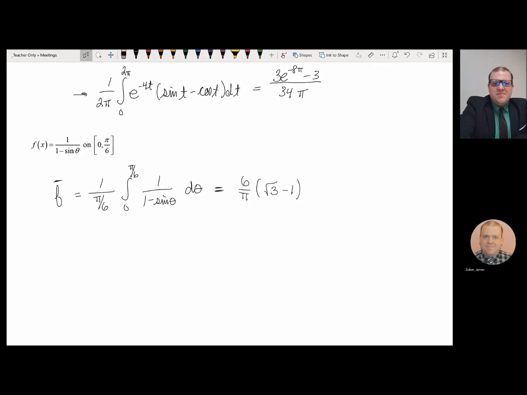If you plug it in a calculator with the limits, that's what it should give. The only one I actually used a calculator on. I just couldn't be bothered to look up that substitution.